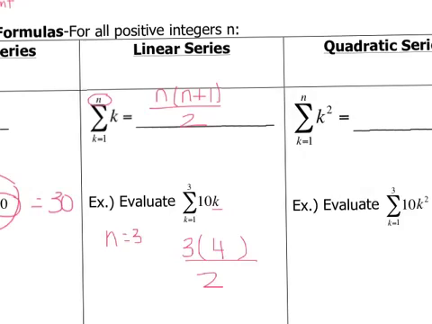So 3 times 4 is 12 divided by 2. The sum of this is 6. And that works for any? Yep, it's the same thing. It's always n, as long as your series is linear, variable with the power of 1. Not like k squared. Right, we're going to look at squared next.